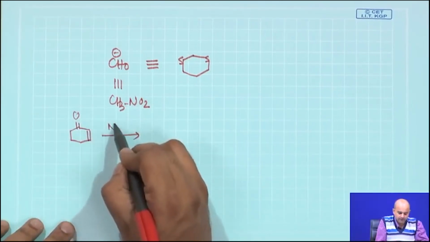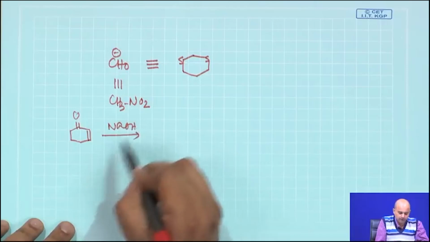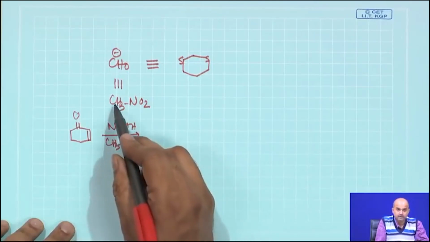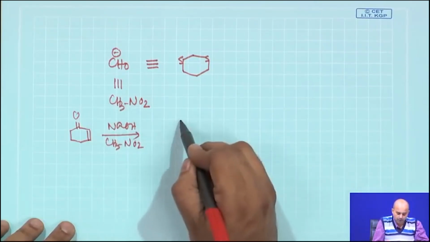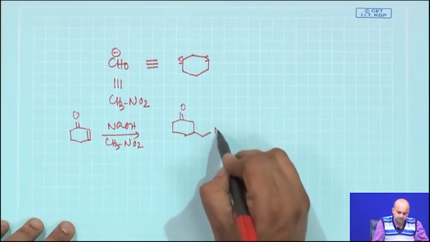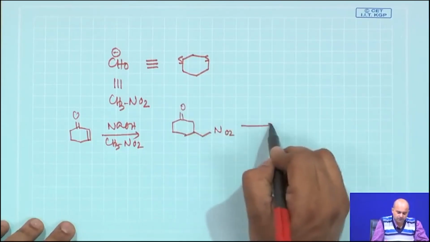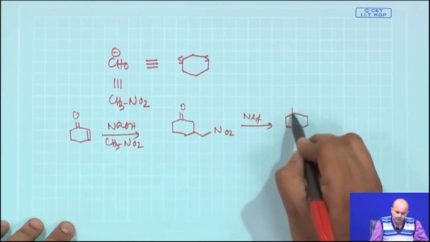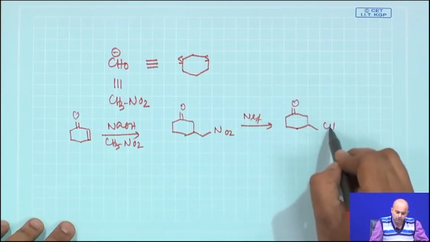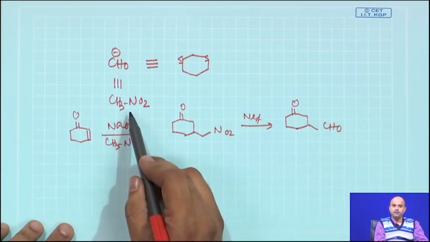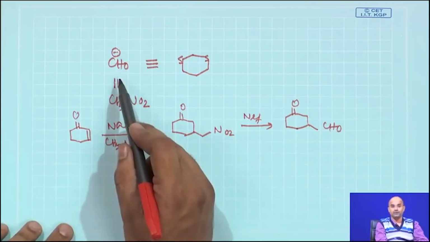First take a base, sodium hydroxide, and react with nitromethane. Nitromethane will generate the anion and it will undergo Michael addition. Now, the Nef reaction we have already talked about. So, this reaction will now give you CHO. So, nitromethane can potentially be considered a synthetic equivalent of a formyl anion.